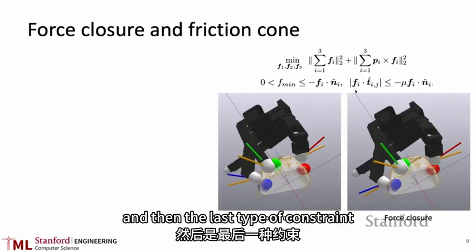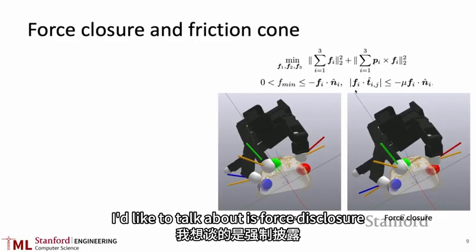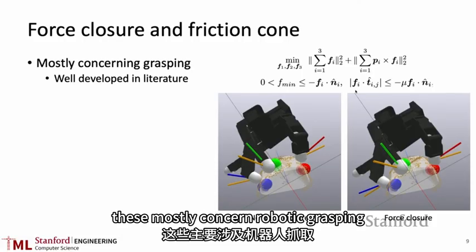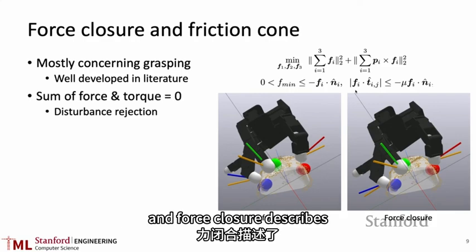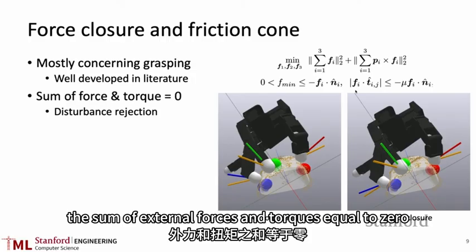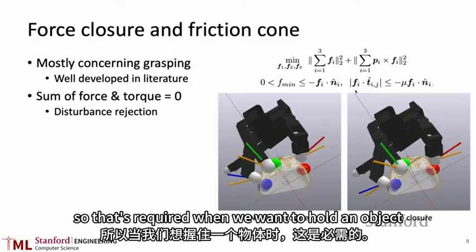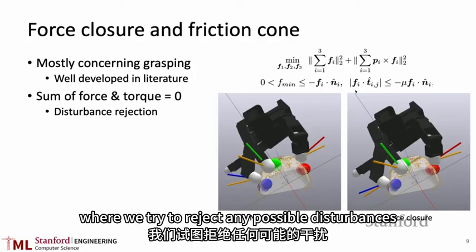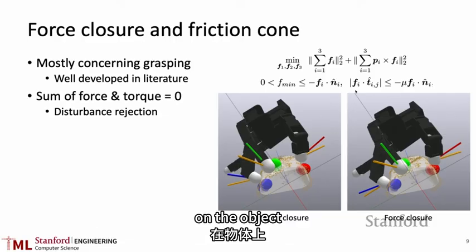And then the last type of constraint I'd like to talk about is force closure and friction cone. These mostly concern robotic grasping. Force closure describes, in a nutshell, that the sum of external forces and torques equals 0. That's required when we want to hold an object. There's also a slightly more advanced version where we try to reject any possible disturbances on the object.